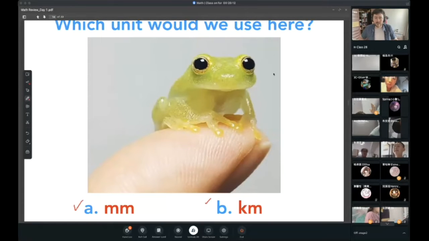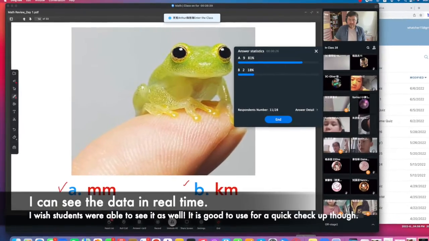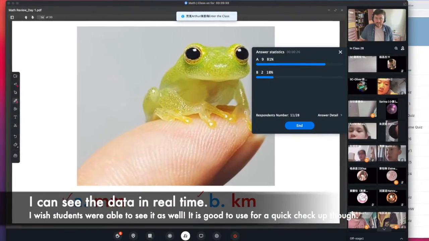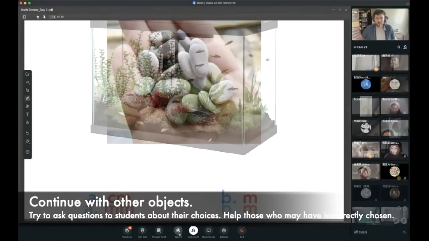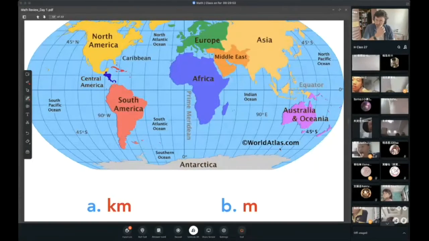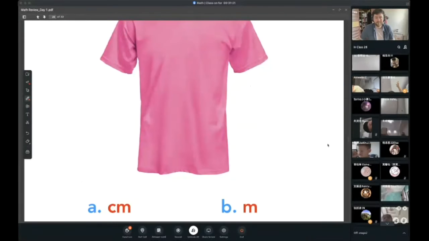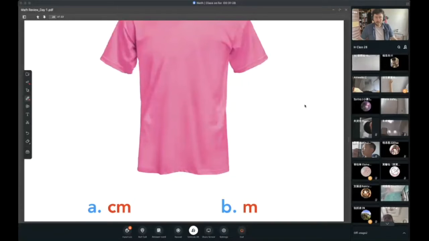Let's see you guys click. Interesting results. I want to hear from both sides.